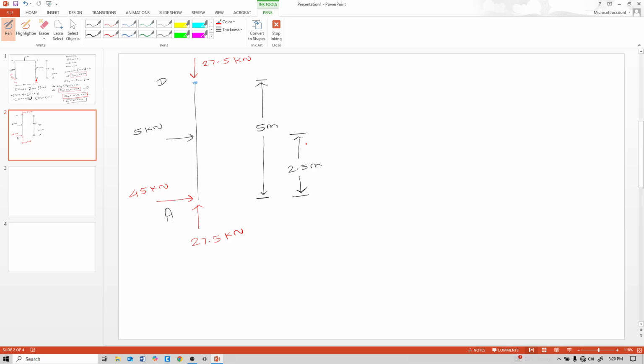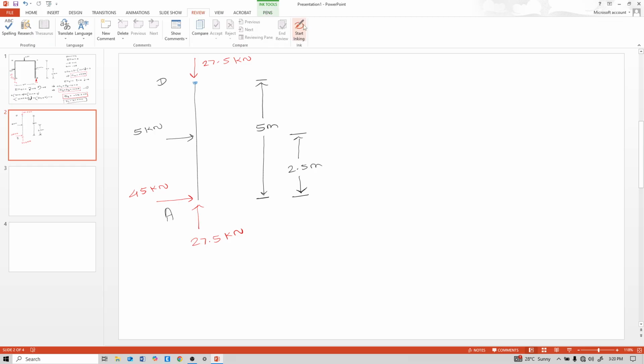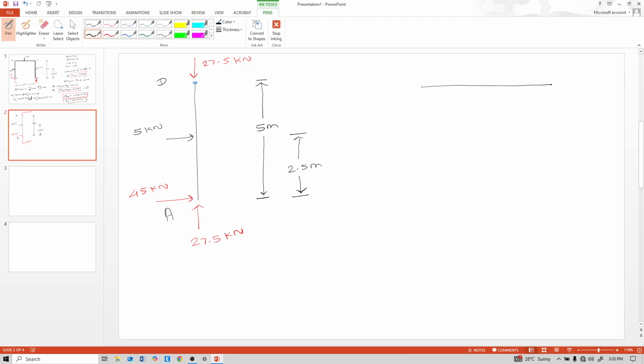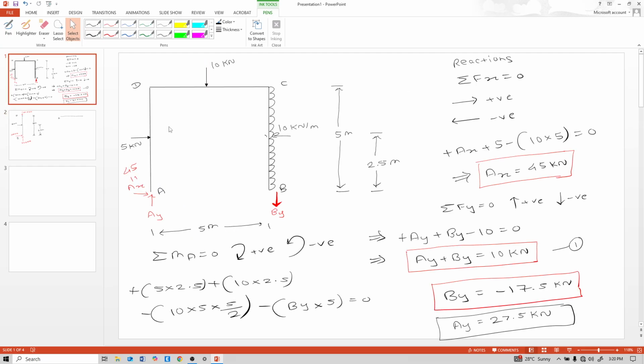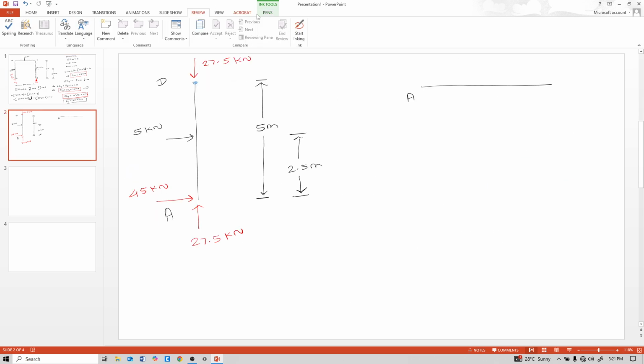Now for your SFD and BMD calculation, to get a judgment of this calculation, always see this beam like this, horizontal, and remember the first point is always at this first. Go like this for solving. So first A point comes, then D. A point is always left hand side.